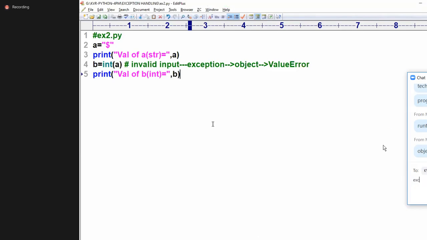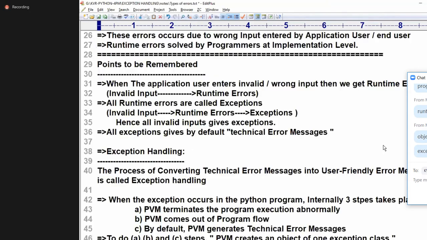Now I am going to say, last and final. When the exception occurs in a Python program, do you know what is happening?